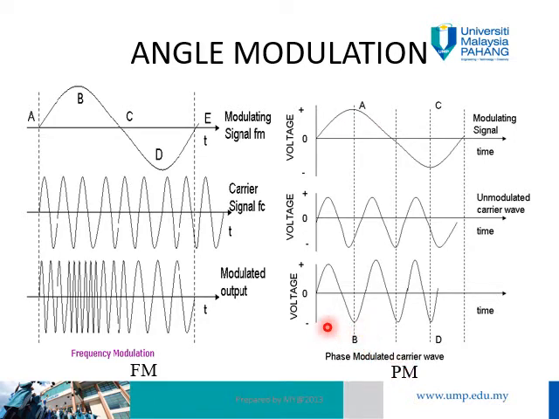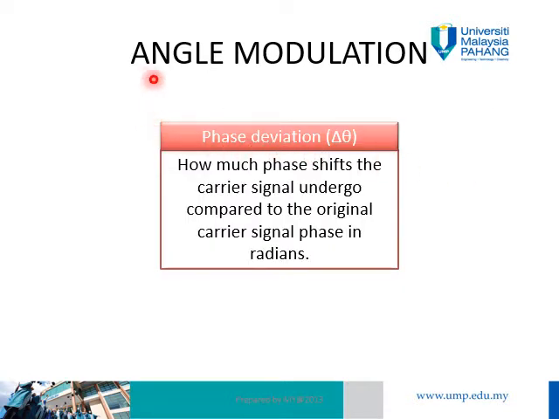We will discuss this further later on. So angle modulation focuses on phase deviation, how much phase shift in radians the carrier signal undergoes compared to the original carrier signal phase.